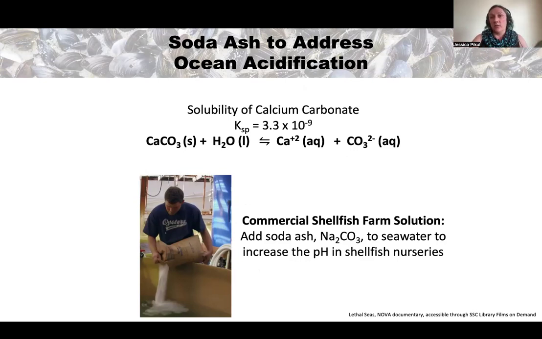Soda ash is sodium carbonate, so that's Na+ and CO3 2- for our ions. And it's a much more soluble form of carbonate ion than calcium carbonate, so this will readily dissolve in water. And so soda ash can be added into the solution to pH adjust while also providing one of the ions that shellfish need to grow their shells.